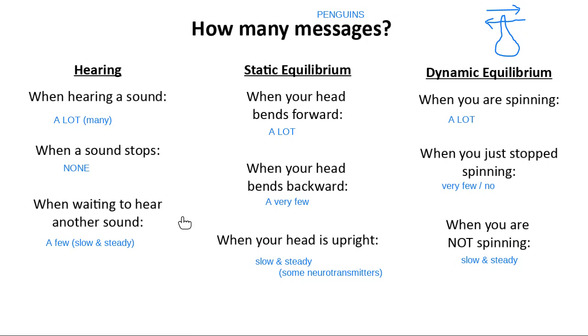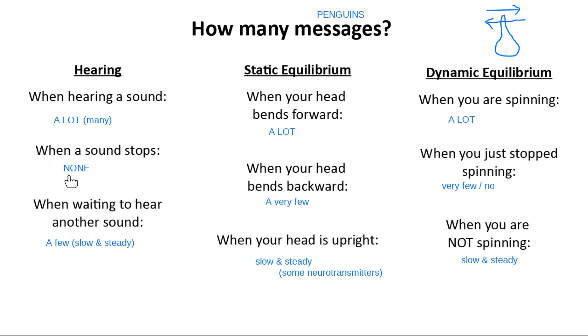And when we're hearing, we start off with pushing a few of those channels closed. Then I hear a sound and that tectorial membrane pushes all the channels open. But when I get rid of that sound, I end up pushing my hair cells in a way that sound completely stops. I hear nothing.